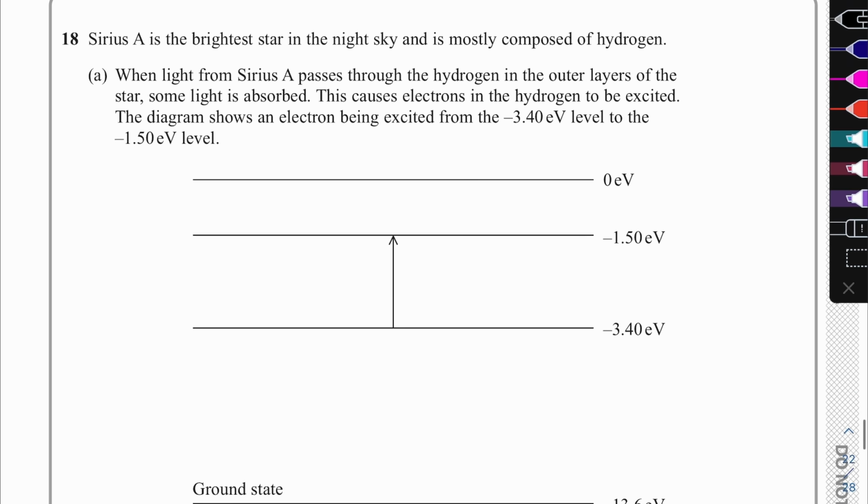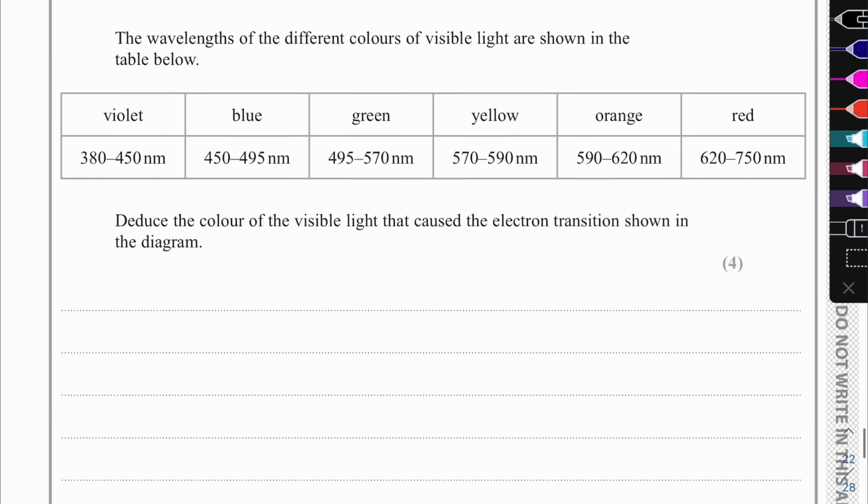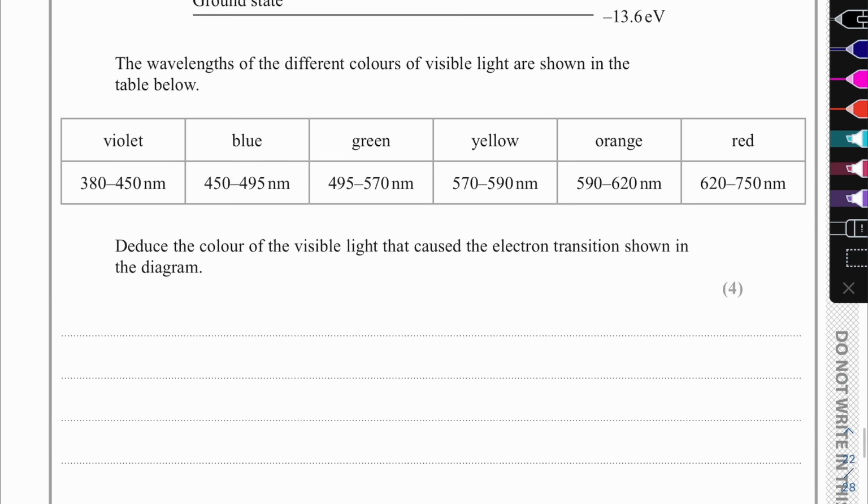So this is the difference. Because this is E1, and this is E2, so what should we do? We need to find delta energy, and because we can't work with electron volts, we have to convert it later. So delta E equals, in this case, E1 minus E2, which is what?